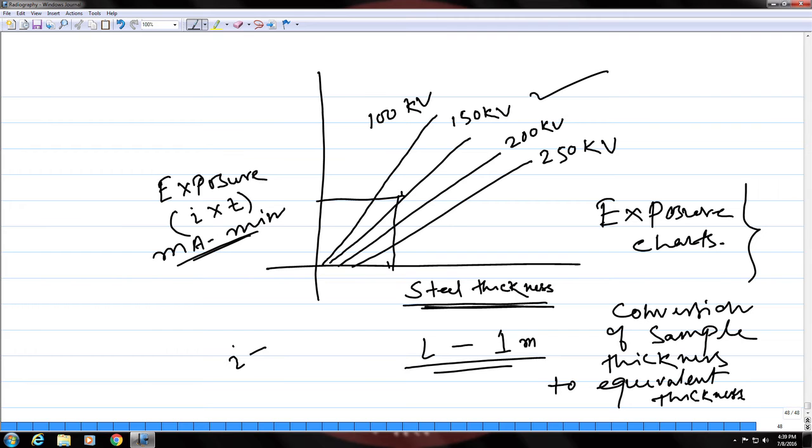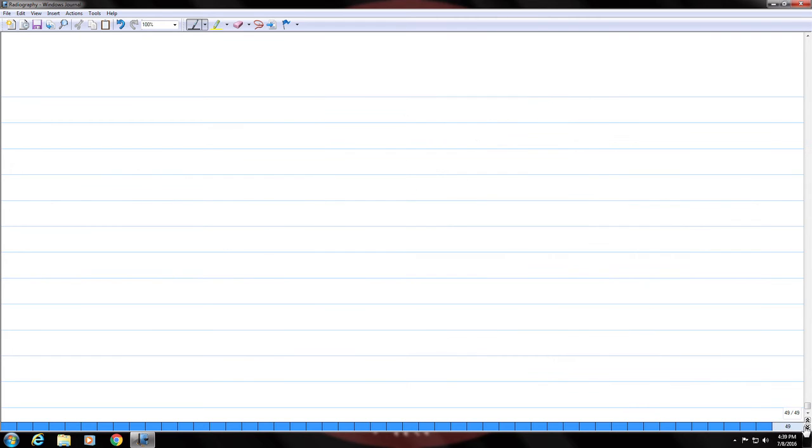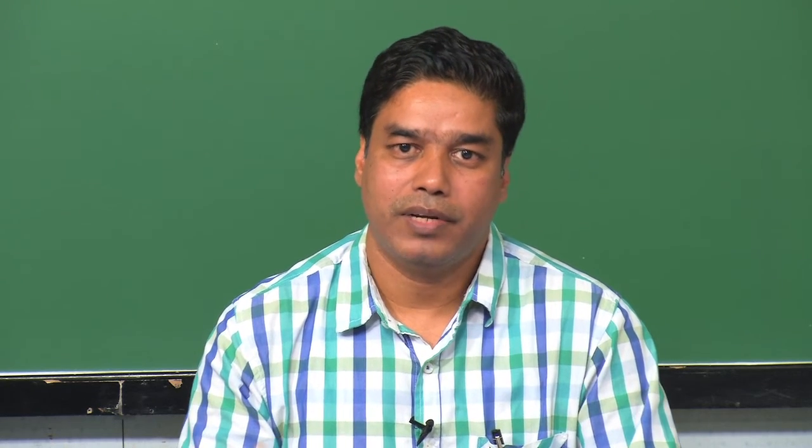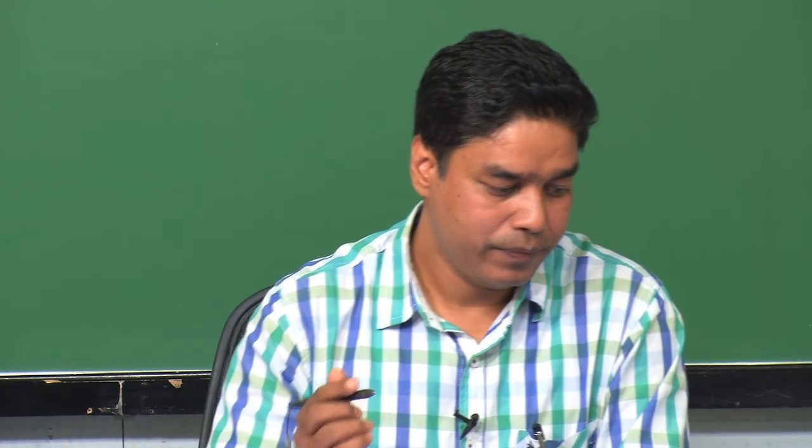I can give you an example for that. Let us say you have a composite plate, or before that just let me tell you what are the conversion factors for different materials to convert their thickness into an equivalent steel thickness. Okay.